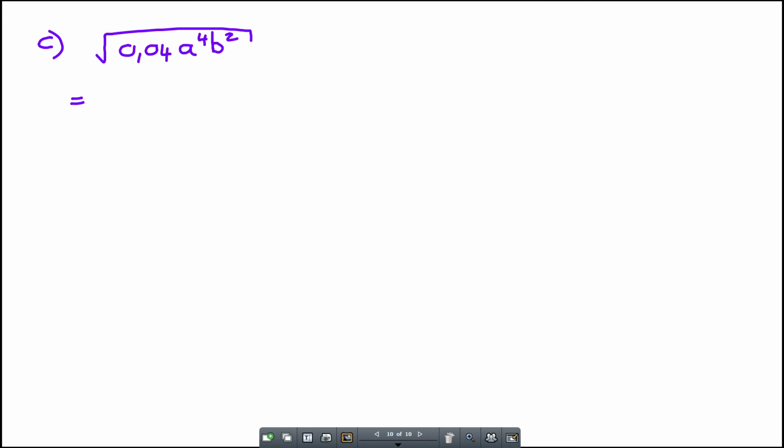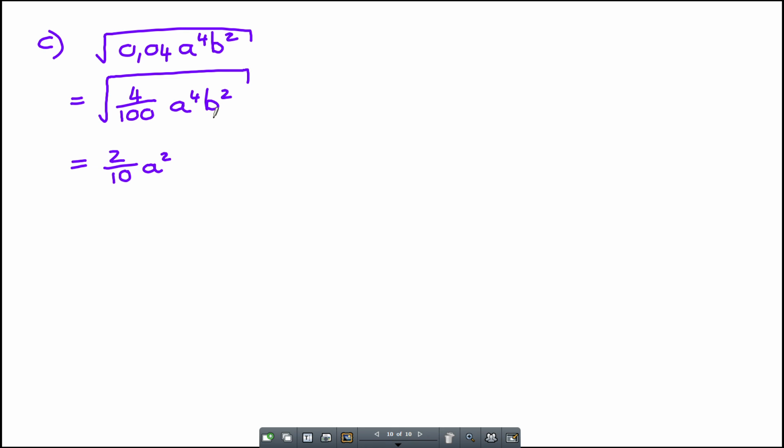Okay, now that 0,04 is the same as 4 over how much? 100. Yeah? Right? Now square root of 4 will be 2. Square root of 100 will be 10. Square root of a to the power of 4 will be a to the power of 2.